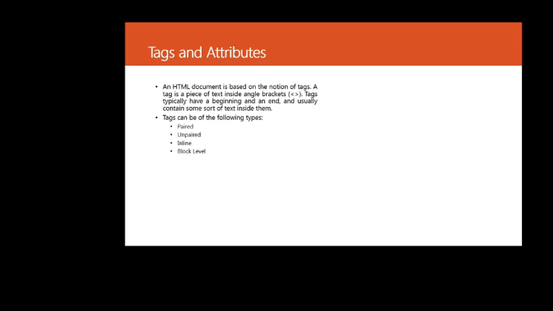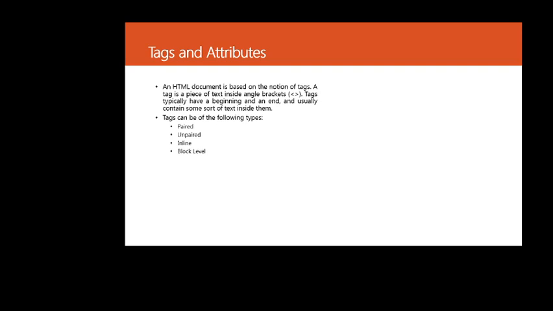For example, you are writing something, and you have to go to the next line. The tags which introduce a new line in your page, which give a new line effect in your page, are called block level. And the tags which are used only to provide formatting to the content, they do not introduce a new line, they are called inline tags, right?